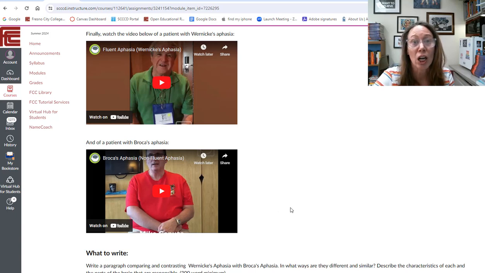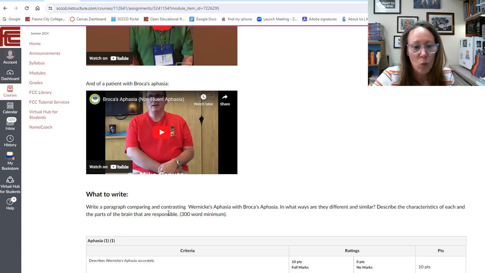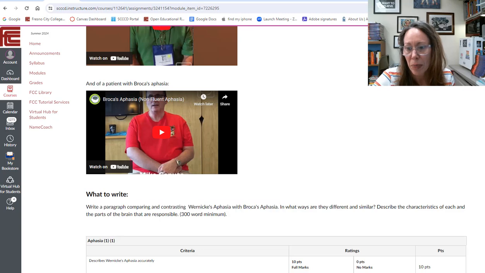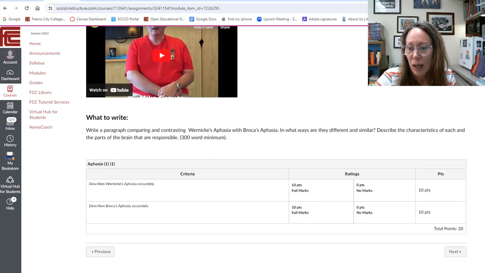So you can really get a good idea of what each type of aphasia is. And then what I'm asking you to do, just really simple, nothing too intricate, but one paragraph where you're comparing and contrasting the 2 different types of aphasia. So just write it like a paragraph.